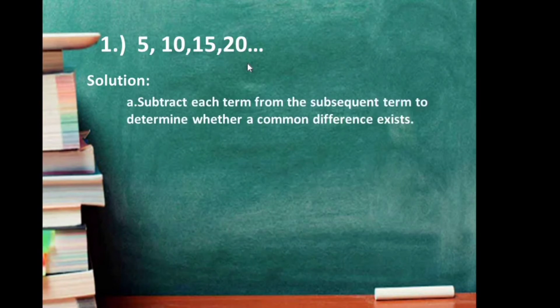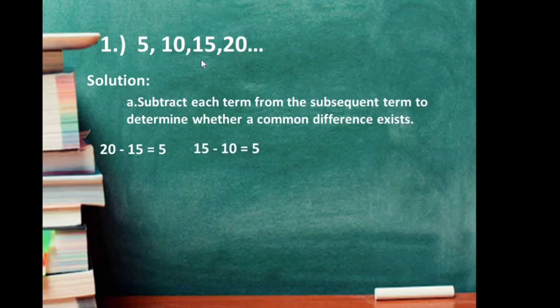Solutions for that. First, subtract each term from the subsequent term to determine whether a common difference exists. When we talk about the subsequent term, that is the term after the other. Like, for example, 20 is the subsequent term minus 15, so the answer is 5.